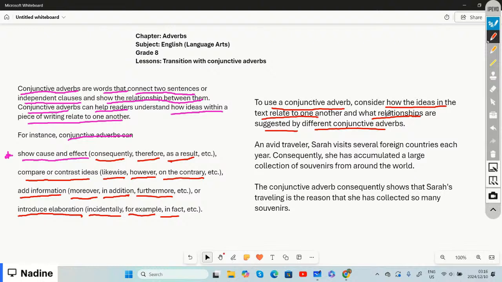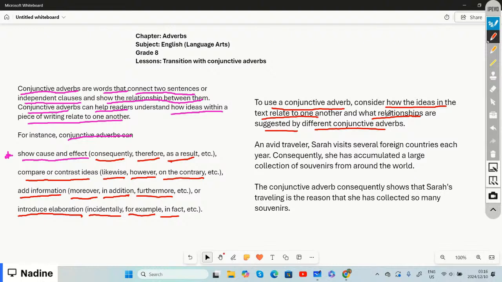So we said that in order for you to use conjunctive adverbs, you need to consider how the ideas in the text relate to one another and what relationship is suggested by different conjunctive adverbs.